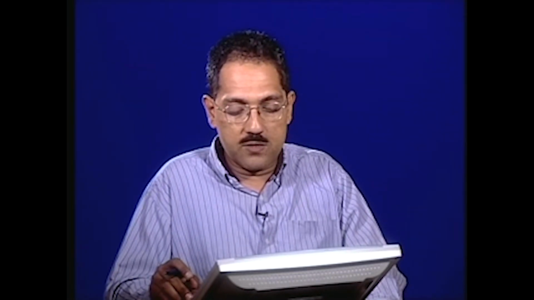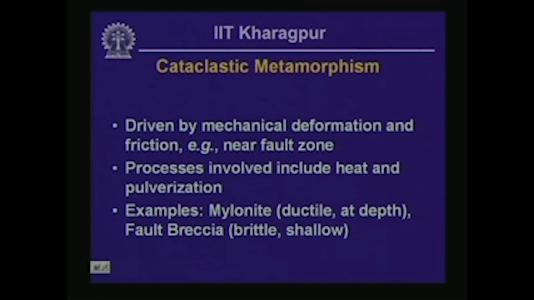So, at greater depths the rocks are at elevated temperature and they behave in a much more ductile manner, and in this case the type of metamorphic rock that arises is mylonite, whereas fault breccia is typical of brittle failure of the rock masses around the fault zone, and this includes clasts of previously existing rock masses around the fault, and they oftentimes get welded because of heat, and that leads to the development of fault breccia.